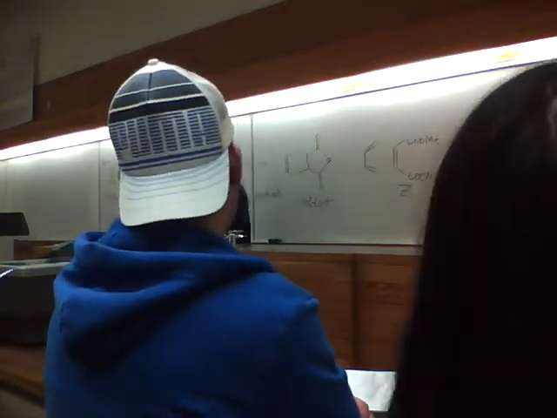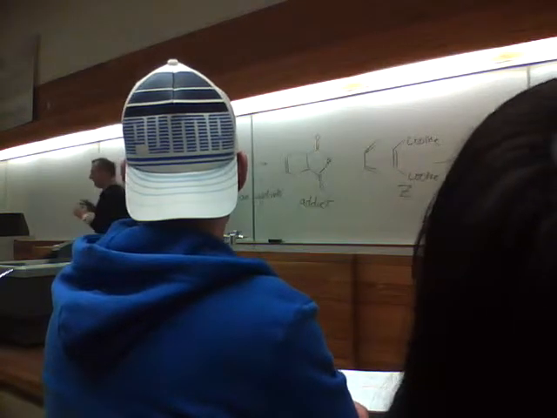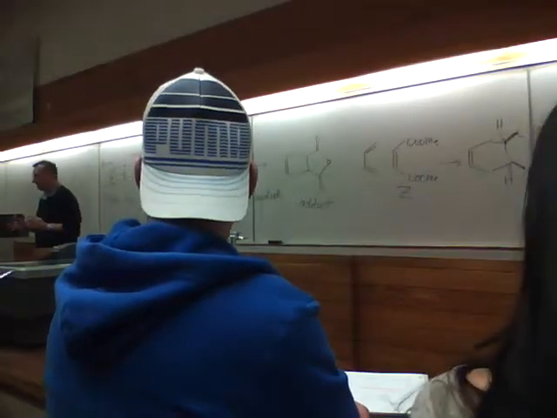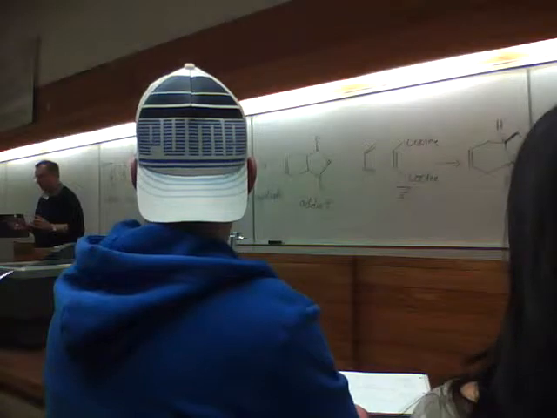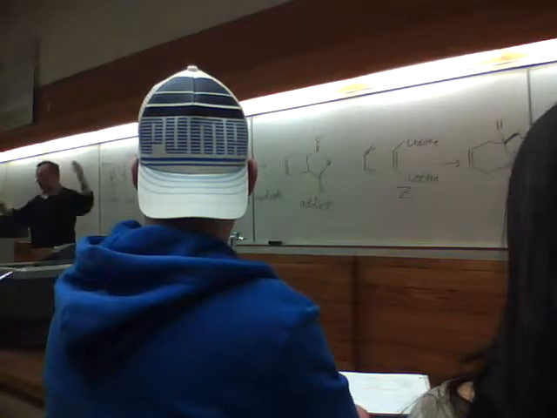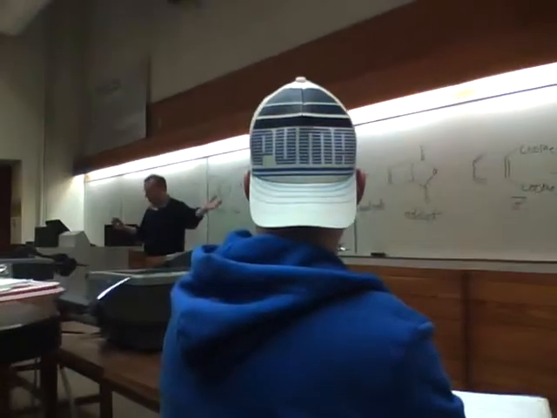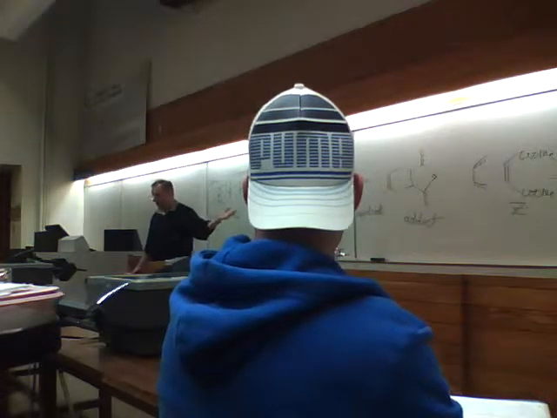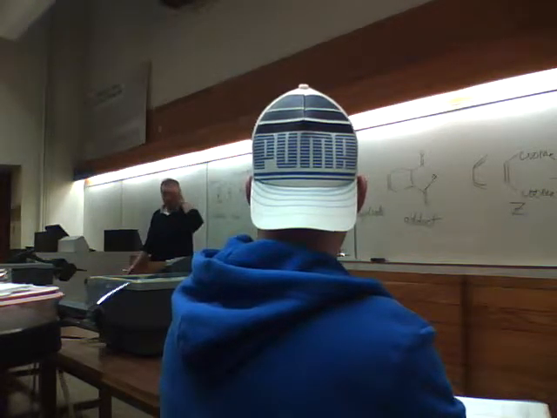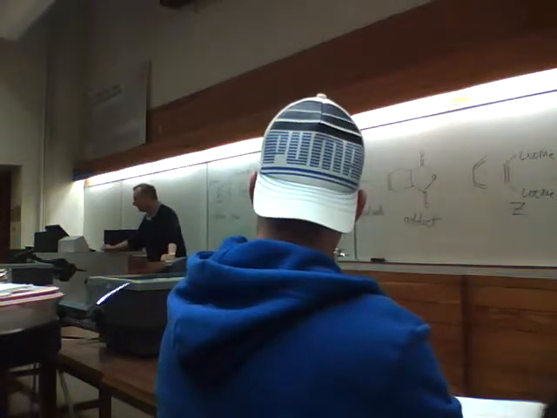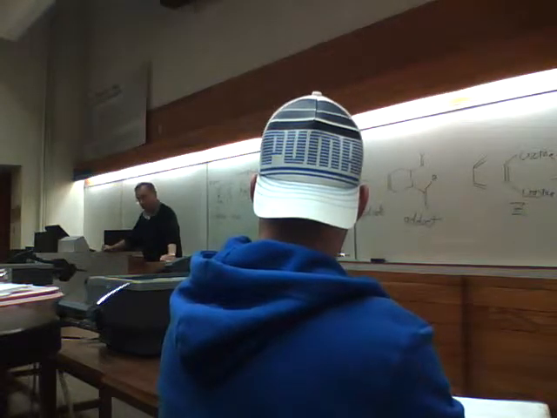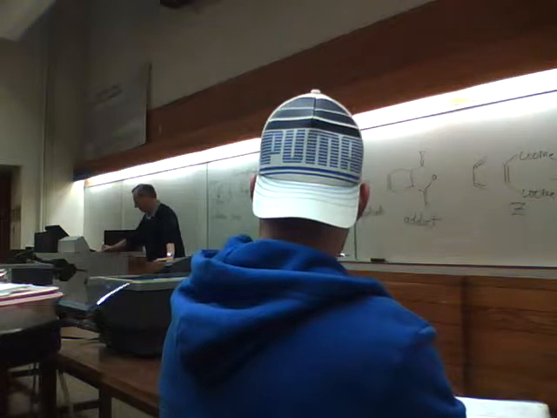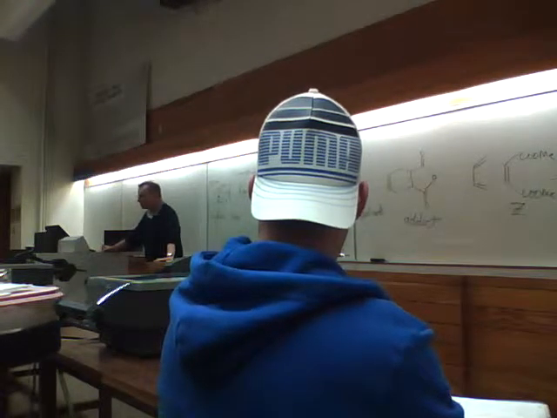I told you that the geometry of the dienophile is preserved. If the dienophile has two groups Z, they end up cis. If it has two groups E, they end up trans. What's the story with respect to the double bonds of the diene? Well, it's not very difficult for you because the story's the same.